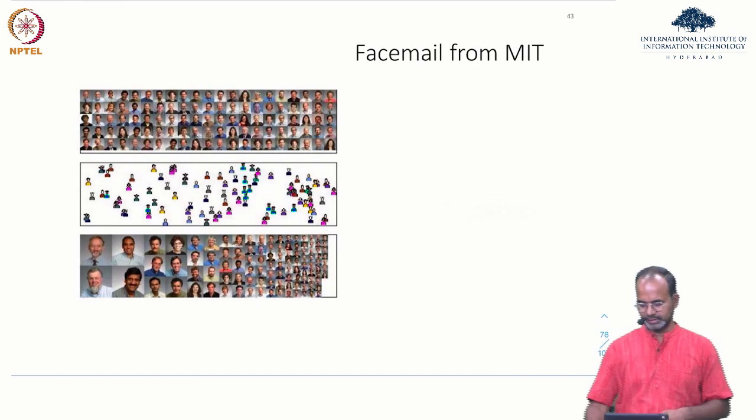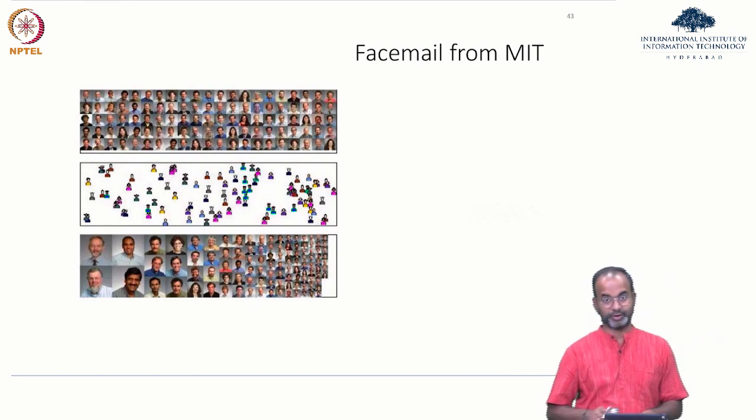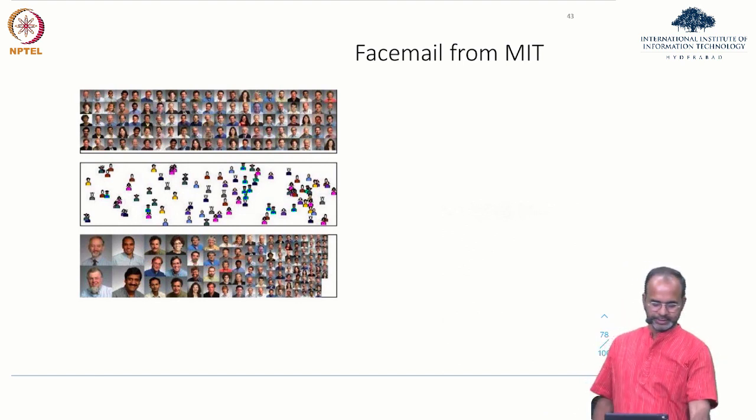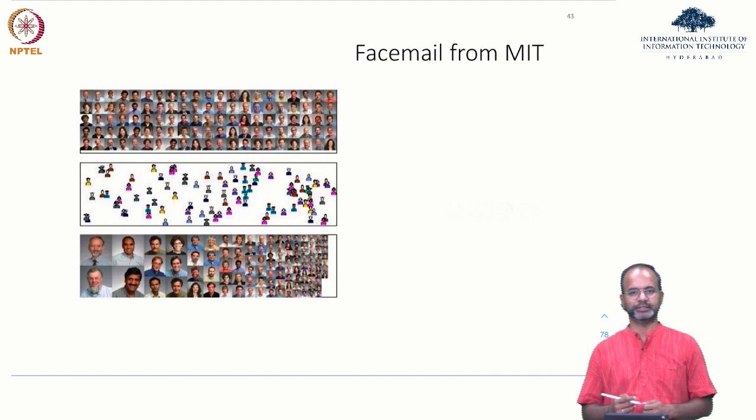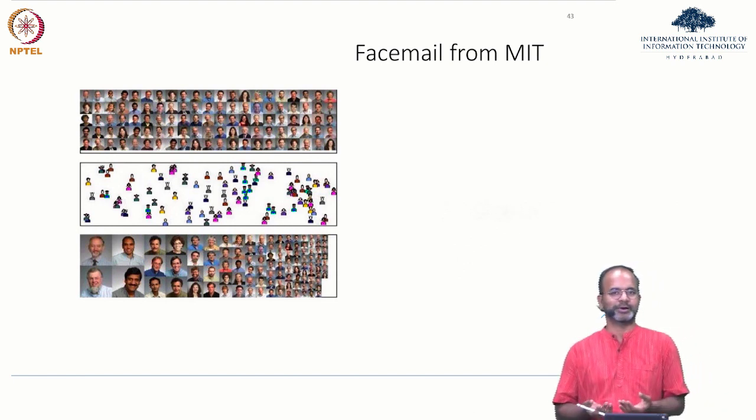Here is another one that is more of an online-world example. This is Faces Mail from MIT. I'm sure some of you may have been in this situation, where people send out emails.